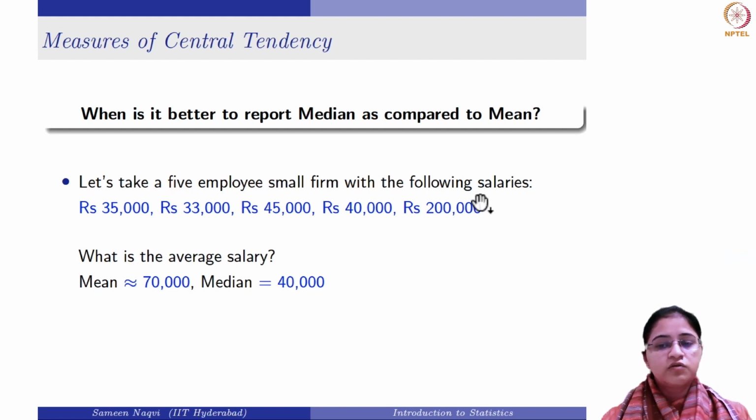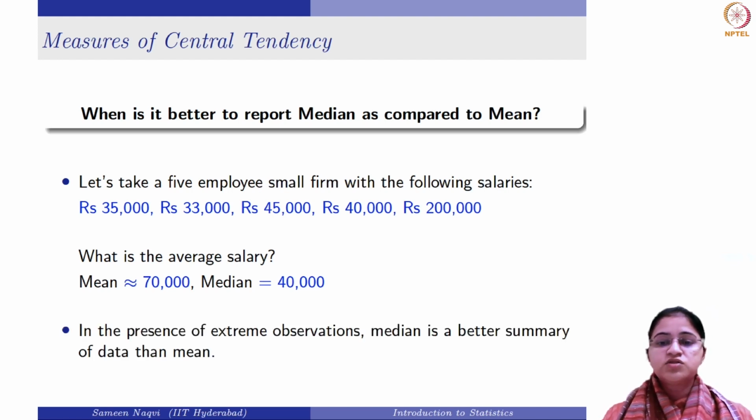It can be either a very large observation, or suppose your salaries were around 50,000 or 55,000 and one of the employee's salary is suppose 5,000, then that will also pull it down. So in such cases, where you have extreme observations, it is better to report the median and not the mean.